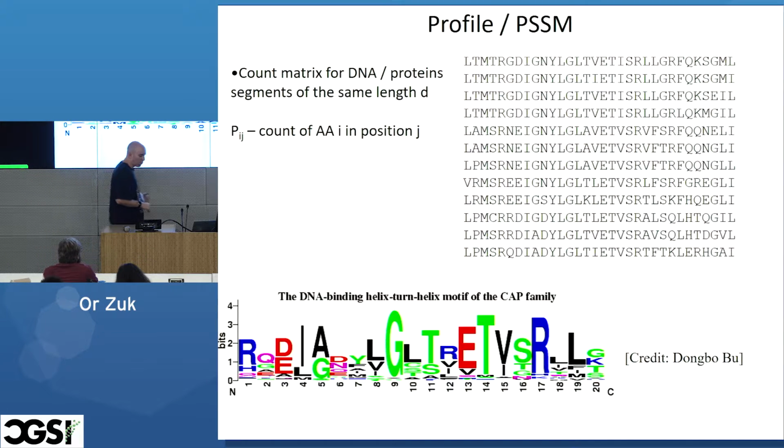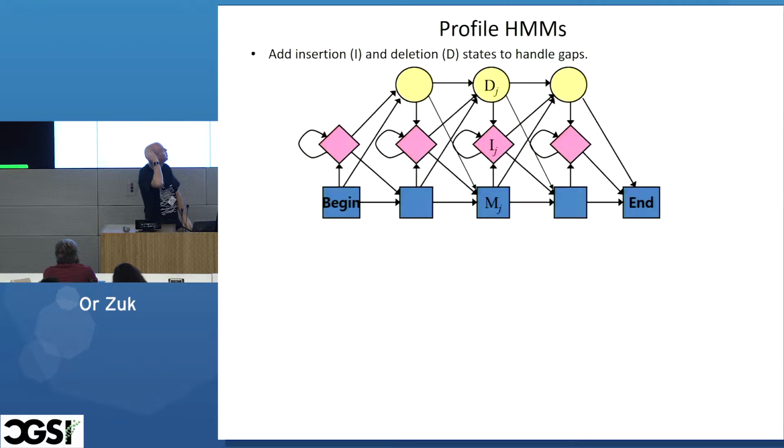Now, if you have gaps, you can, of course, also do a profile with gaps. So you just have 21 letters. But a more useful and accurate representation of a protein is what's called a profile HMM. This is a hidden Markov model, which has states, and it's a generative model that is used to output a protein sequence.